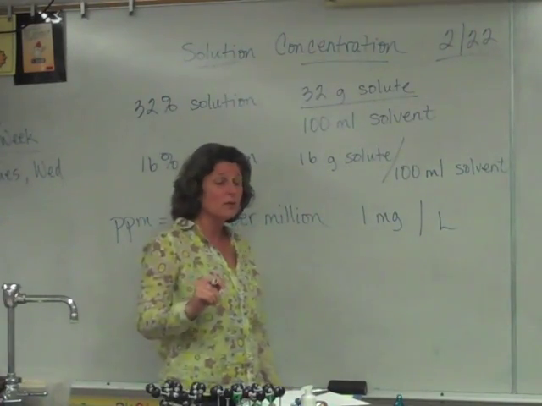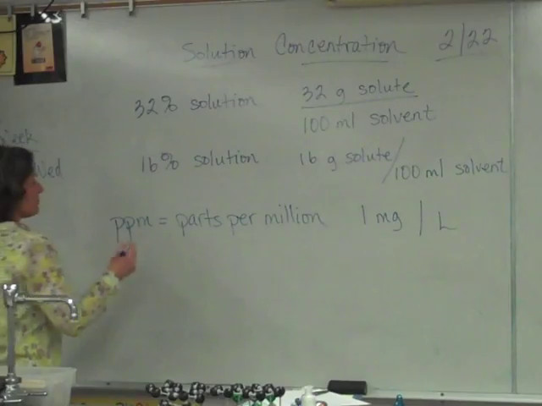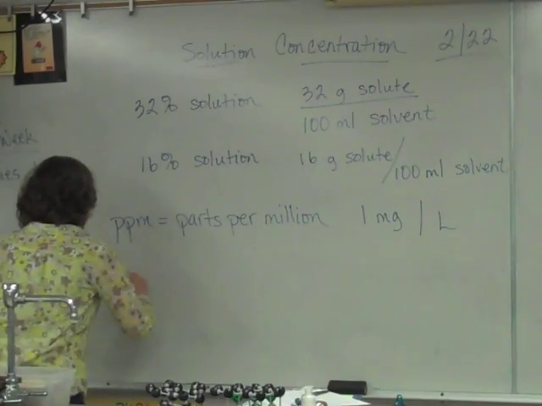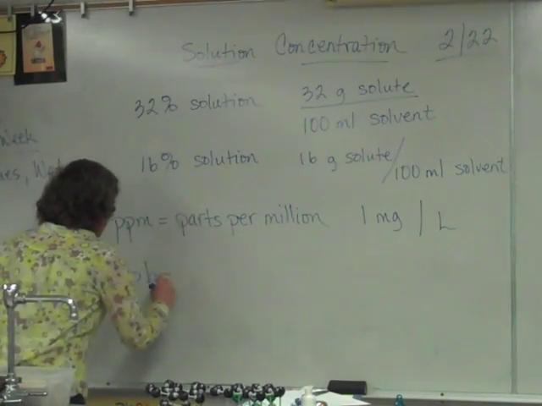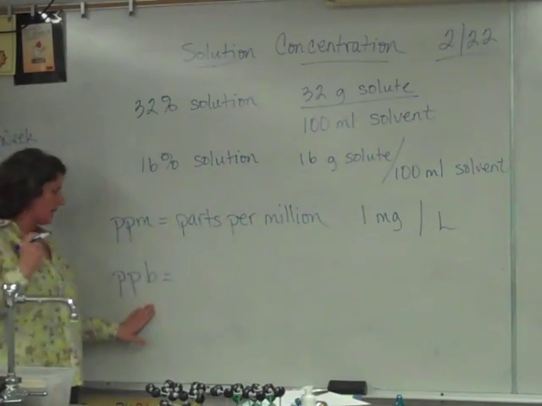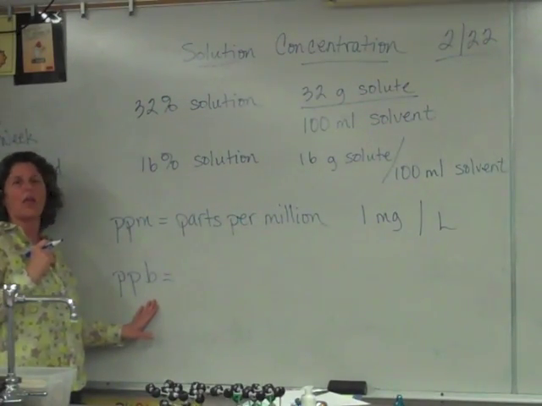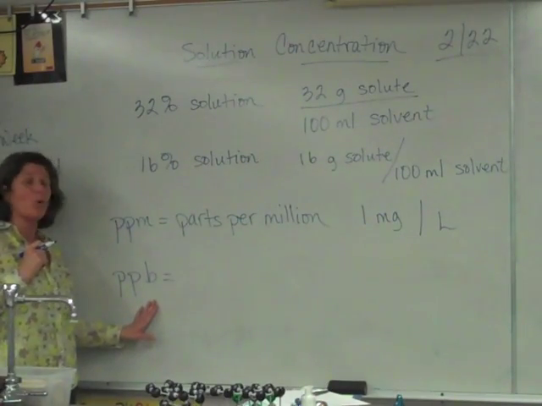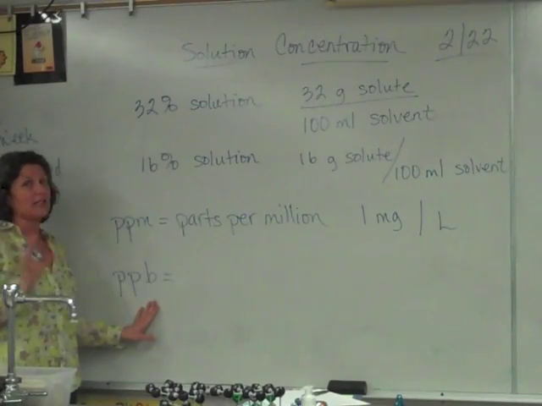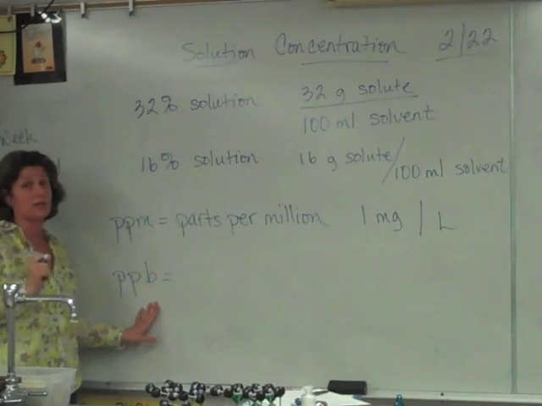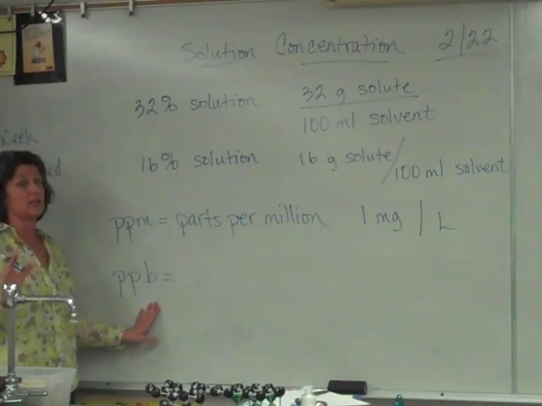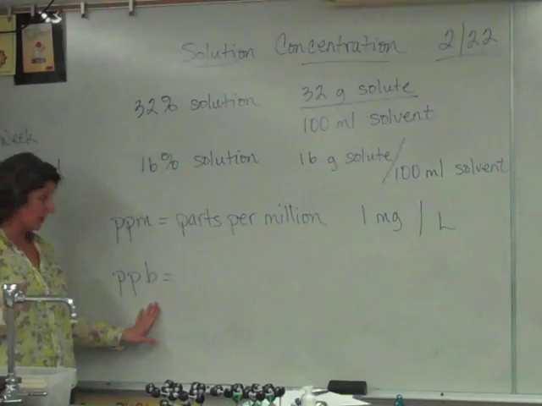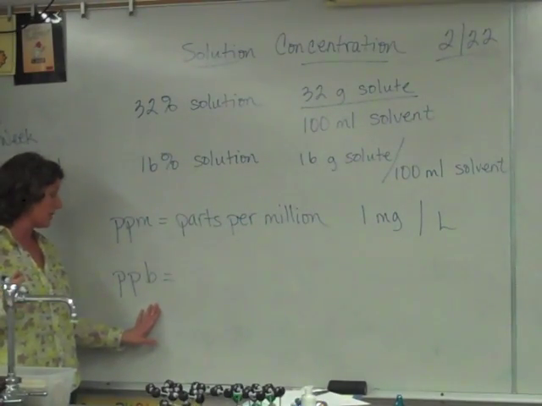And then there's an even smaller one, which is parts per billion. These are for heavily carcinogenic things, organics in water, right? We're not allowed to have hardly any organic compounds in our drinking water at all because they can be very carcinogenic, in that they have been shown in laboratory animals to cause cancer.